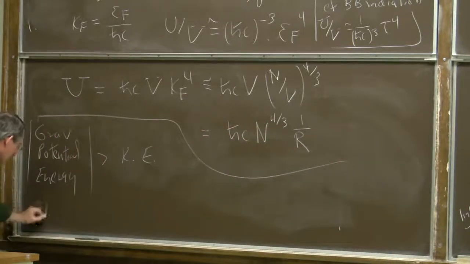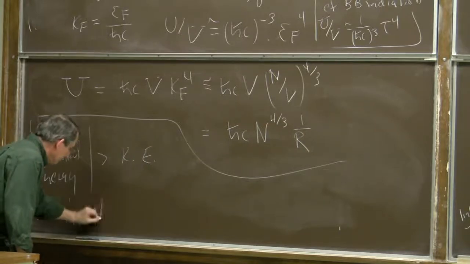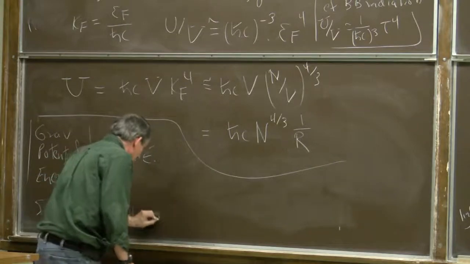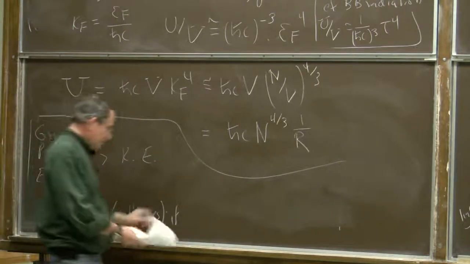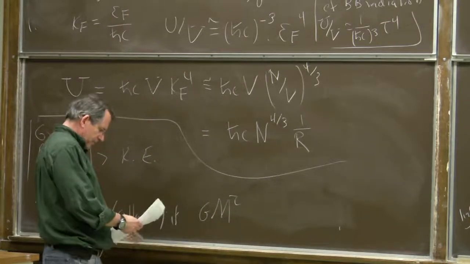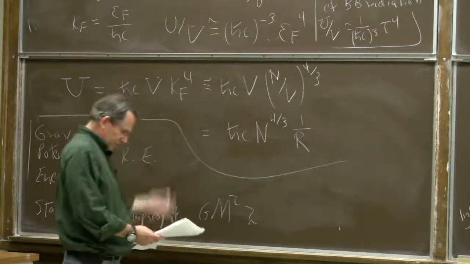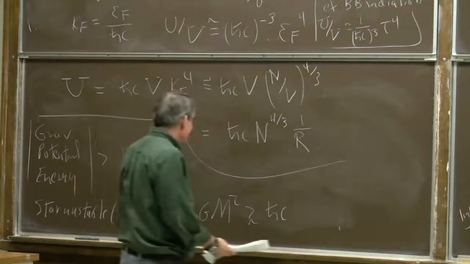So the star is unstable, and therefore collapses to a smaller radius, if G m squared, the coefficient of 1 over r in the potential energy, is greater than something which, neglecting factors of order 1, I can write as h bar c.